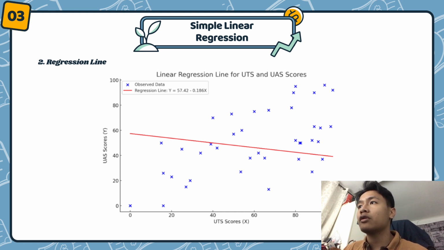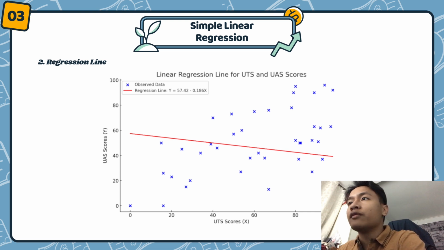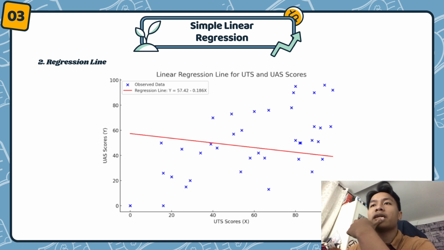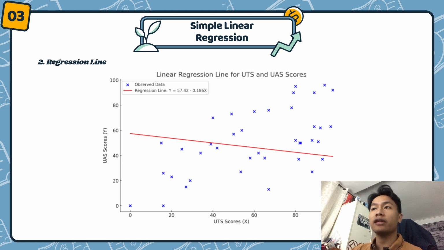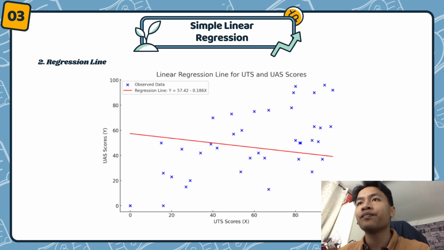From the graph that we get in this PowerPoint, we can say that the blue x points represent individual data points where the UTS score on the x-axis and the corresponding y score on the y-axis are plotted. These points show the raw data distribution of the relationship between the two variables.